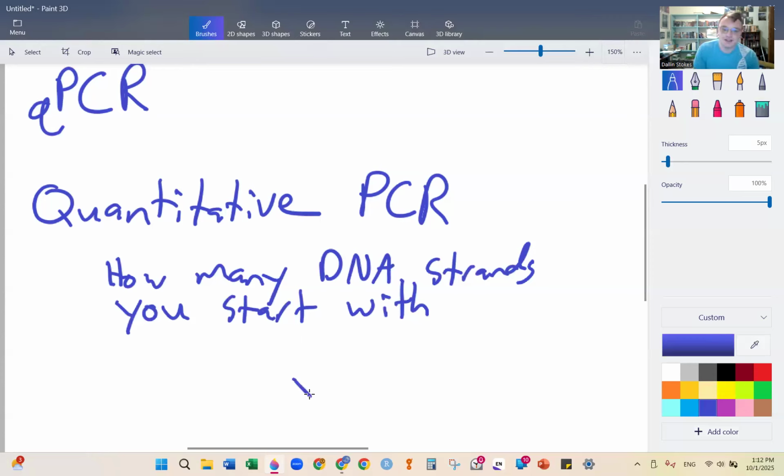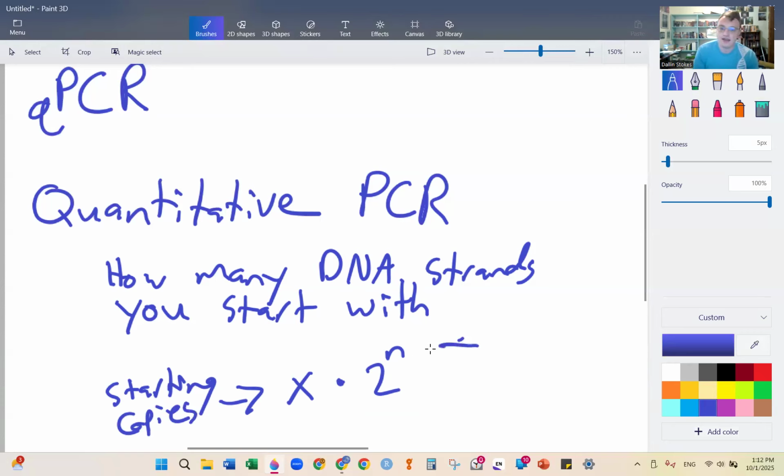It's X times 2 to the power of n, where X was the number of starting copies and n was the number of rounds of PCR, right?